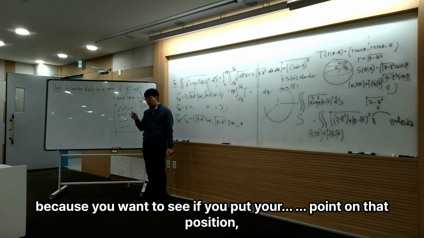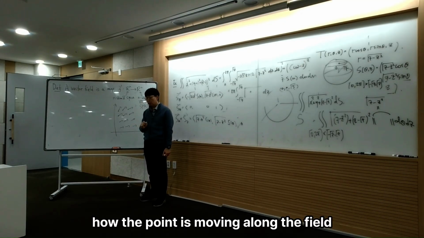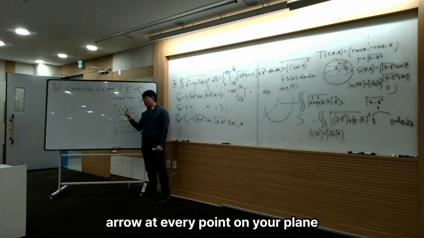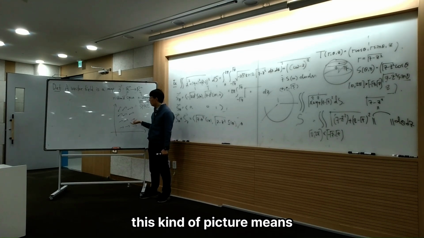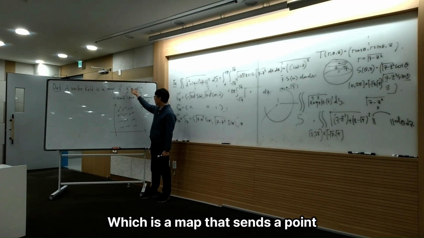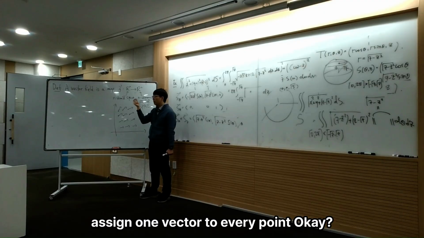You want to see how the point moves along the field. So you attach one arrow at every point on your plane, and this comes from the definition of a vector field, a map that assigns one vector to every point. Okay?